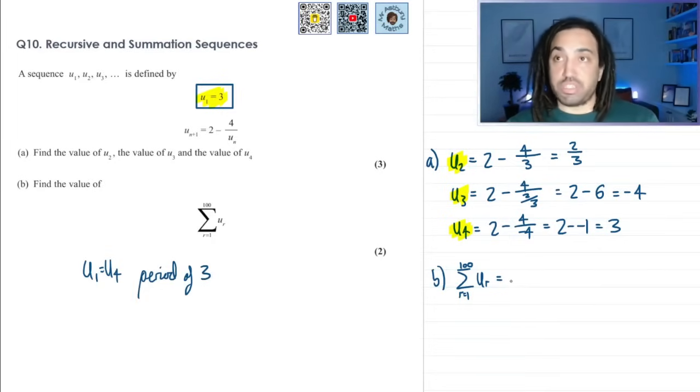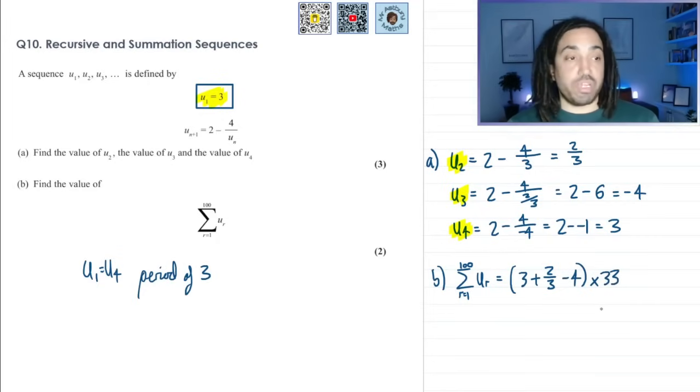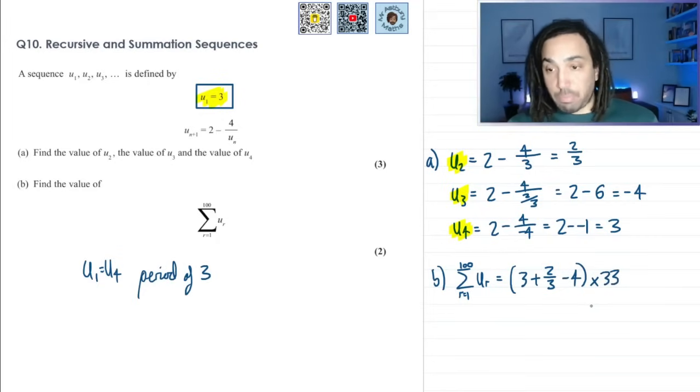So we could go up to the 99th term and get 33 repeats of those 3 numbers. So the numbers are 3 and then 2/3 and then minus 4. If we do that 33 times, we'll be up to the 99th term.